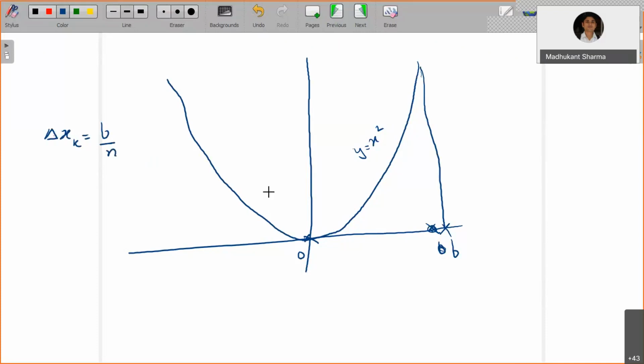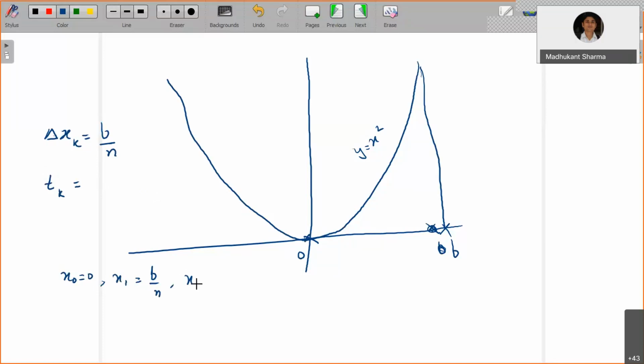And you can take the tag point at the left-hand end point of the interval, so tk is the left-hand end point of the interval. The partition is x0 equals 0, x1 equals b by n.